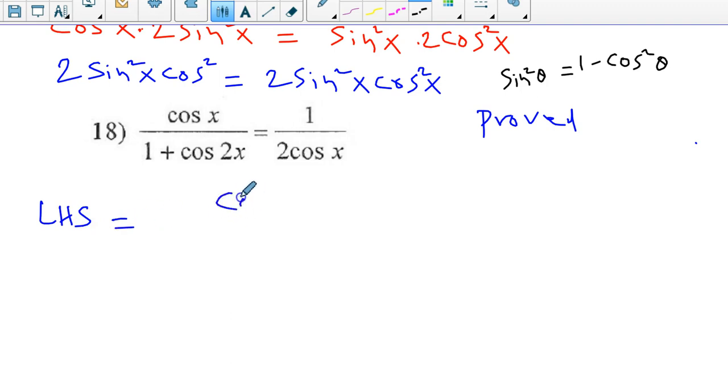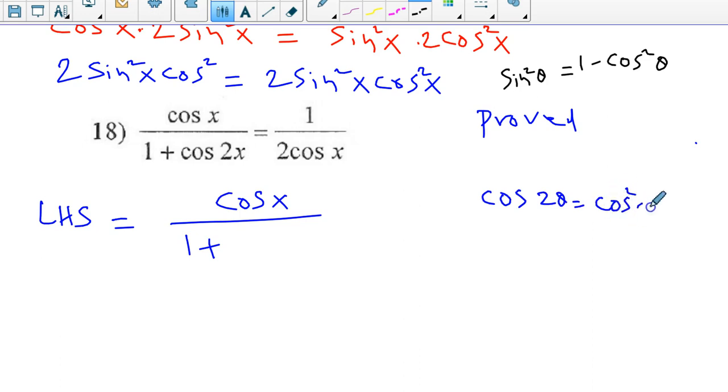I have cosine x and in the denominator 1 plus cosine 2x, and you know that cosine 2 theta formula, just now you learned that it is cosine square theta minus sine square theta, or in this case I can write in terms of cosine as 2 cosine square theta minus 1.